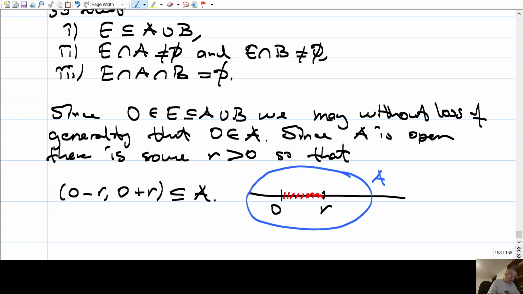Maybe more, but at least this part. And let's say 1 is here. Maybe A contains all of them, I don't know, but A at least contains this part.